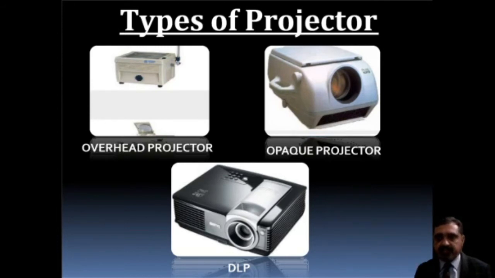DLP uses tiny mirrors housed on a special kind of microchip called a digital micromirror device, DMD. The result is sharp images that can be clearly seen even in a normally lit room.